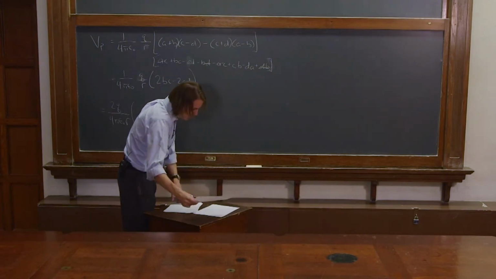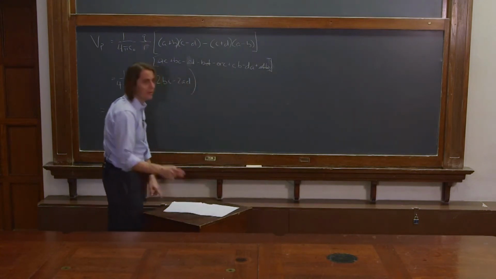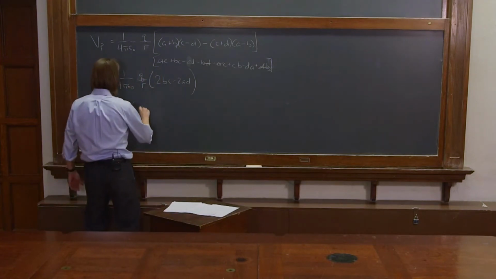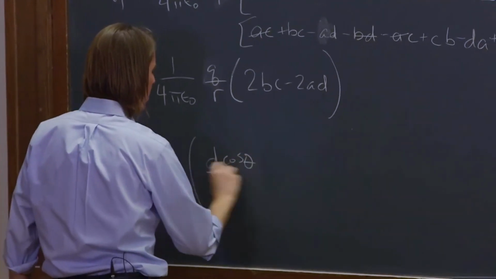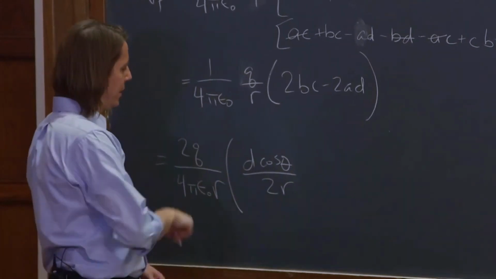Let's see, B was from the whole A plus B, A minus B, from the 1 over R plus 1 over R minus. It was D cosine theta over 2R. Yes, D cosine theta. And then the 2 we pulled out.